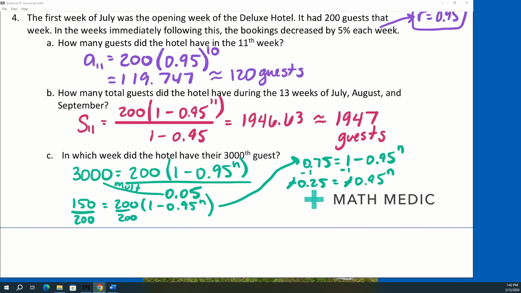As long as that negative wasn't in the parentheses with the power on the outside, you can do that. Okay, there's only one thing we can do to get this exponent down. What is it? You just took a test over it? Logs, yes. So it's going to be log, and then we use the base, which in this case is 0.95, of 0.25 is going to be equal to N.